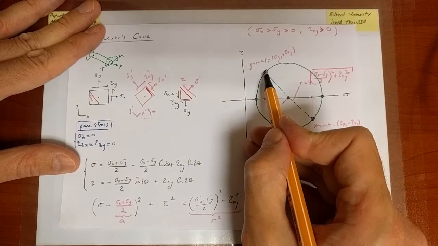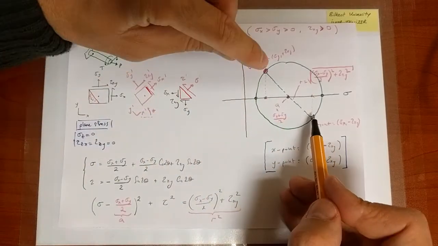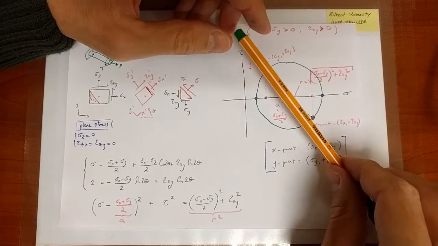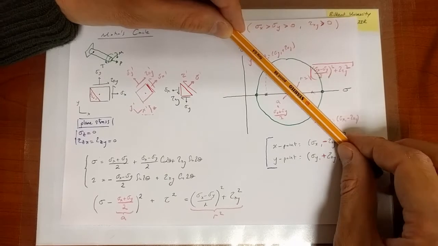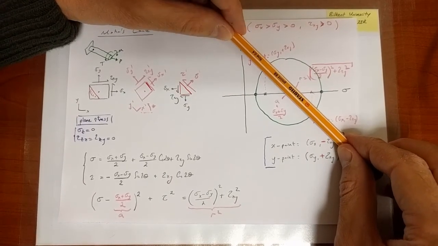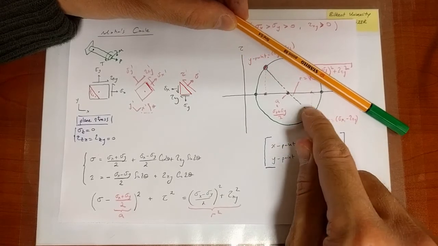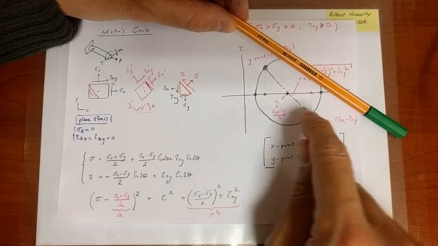This circle tells me that originally you have that picture, and that picture falls onto these points within the circle. Now, what I can think of is I can think of this diameter as a dial. The original picture locates the dial in this location, and I know that the value of sigma x is this value, the value of tau xy is minus that value.